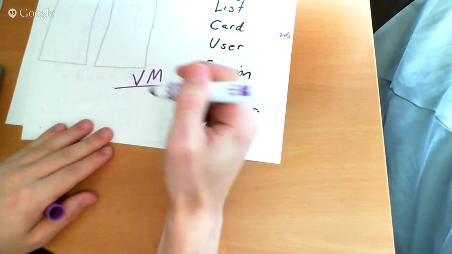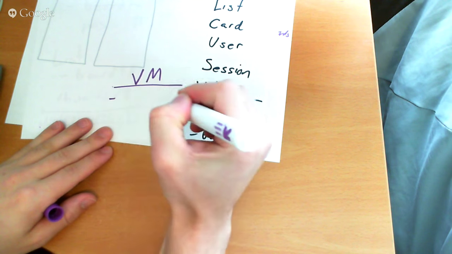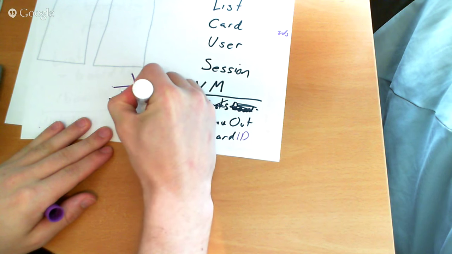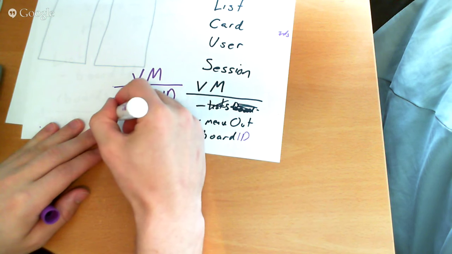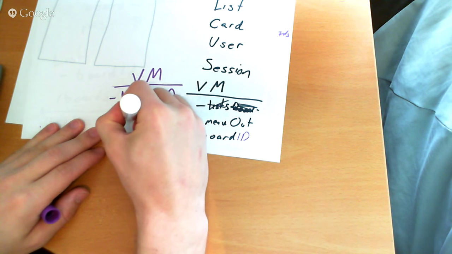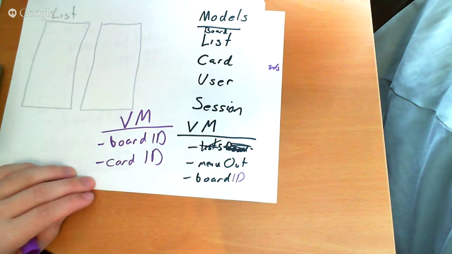My revised view model, besides the menu and stuff like that, would have two primary things: the board ID and then the card ID.